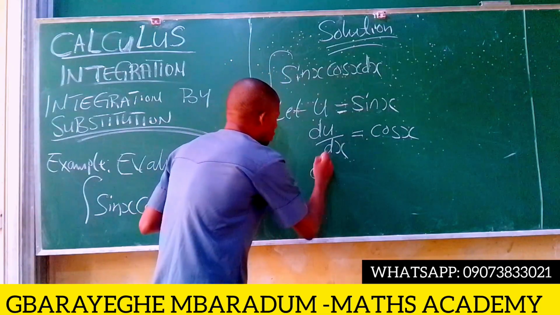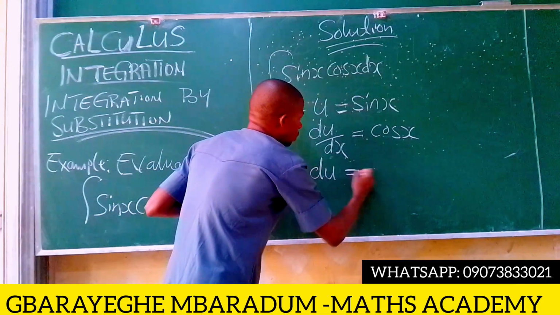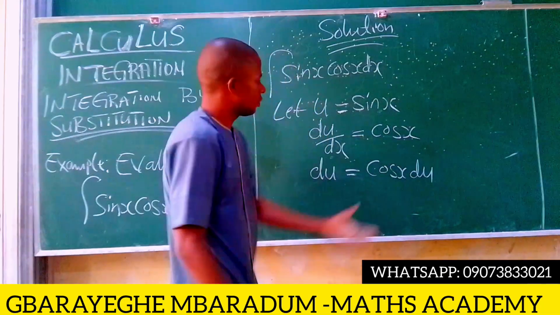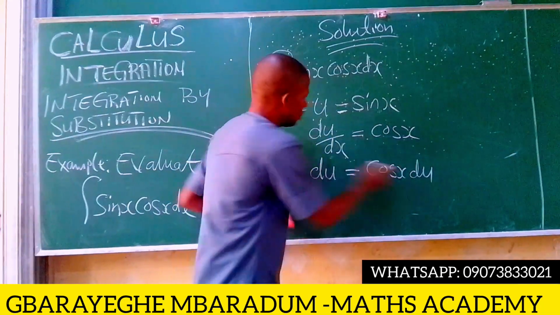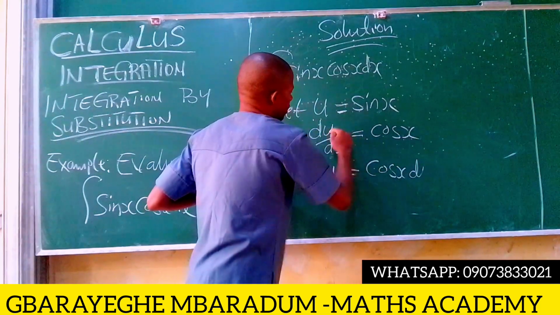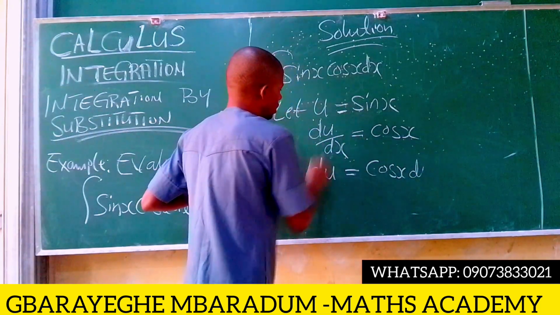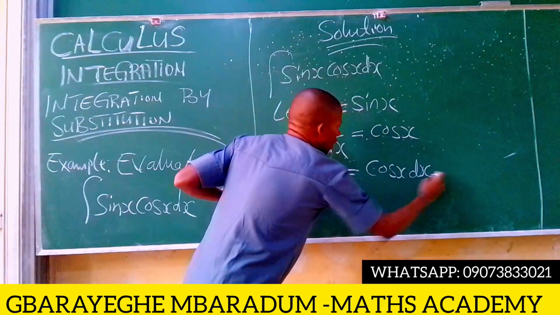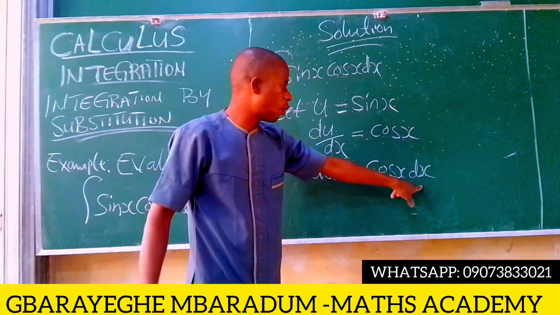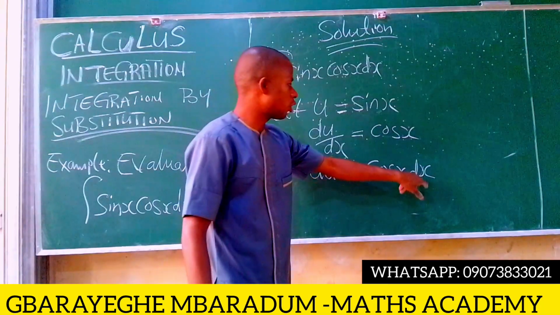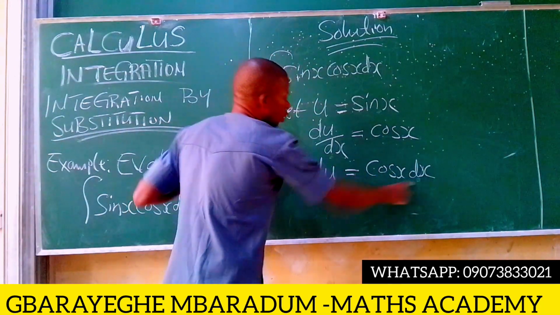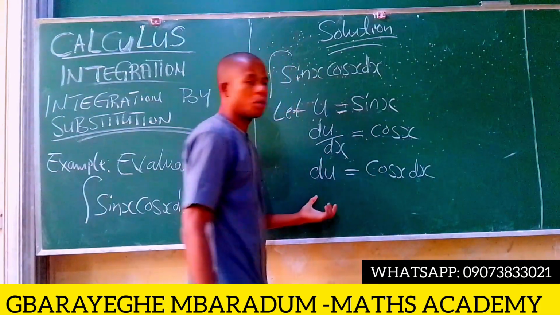So we are going to have du equals cos x dx, because this dx equals this side and this equals this. That's why I have du equals cos x dx. But our major purpose is to make dx the subject of the formula. So for us to make it stand alone, cos x is going to divide both sides.